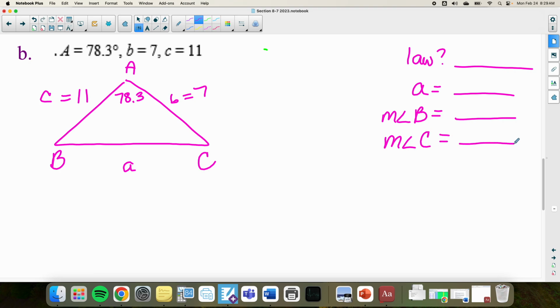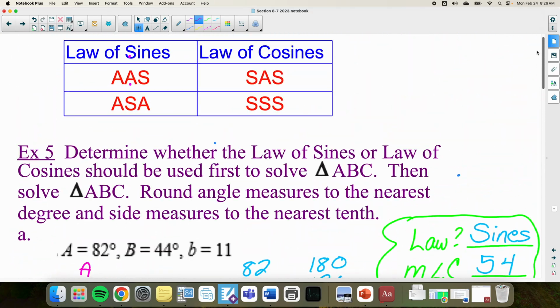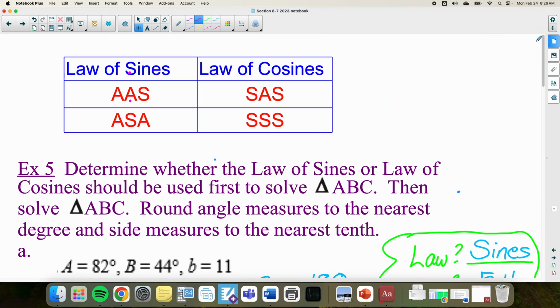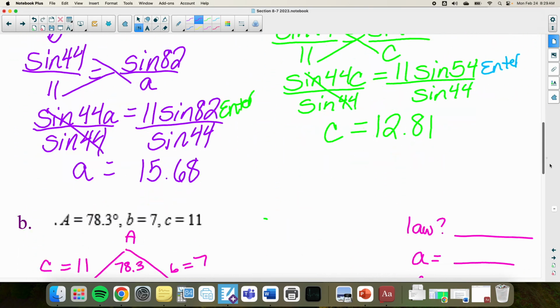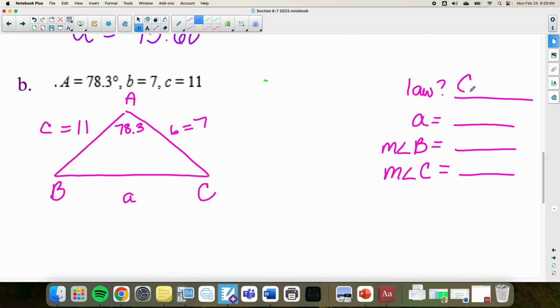Okay? Now, do you get this one is 2 sides and an angle? What would we start with on this if it's 2 sides and an angle? Wouldn't it be cosines? So we're going to come down here and put cosines. But this is where you have to be careful. With law of cosines, you have to go in a specific order.